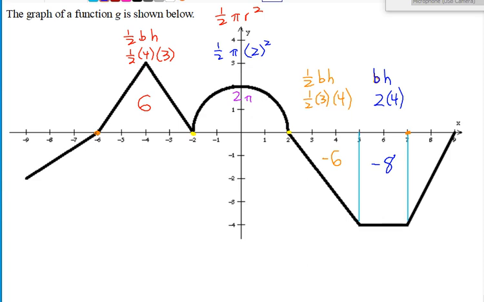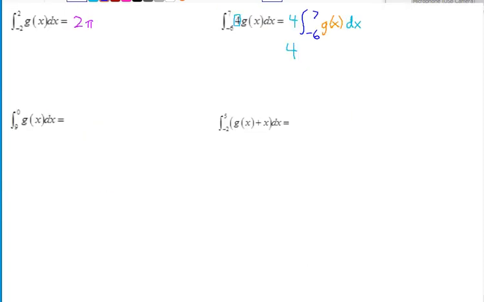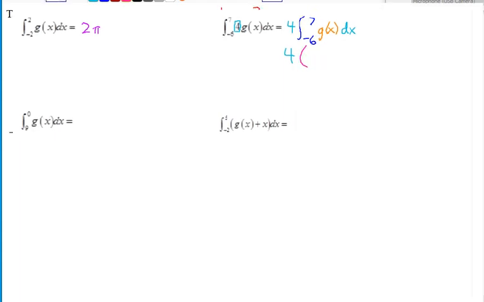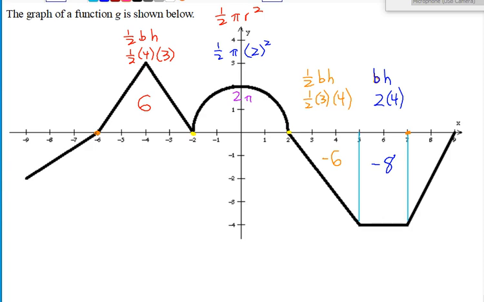So, you can put those all together, 6 plus 2 pi minus 6 minus 8. You can simplify them first, but I'll just kind of write it here so you can see where it's all coming from first. 6 plus 2 pi minus 6 minus 8.